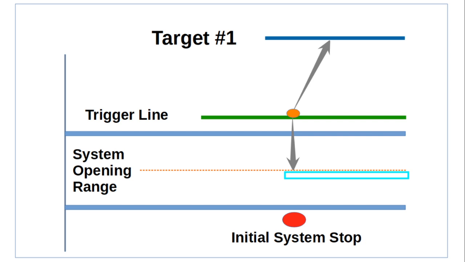And our whole goal is to stay in, right? We don't want to get wiggled out. So we're going to stick that initial stop way outside of all of the market action of the session, pretty much.